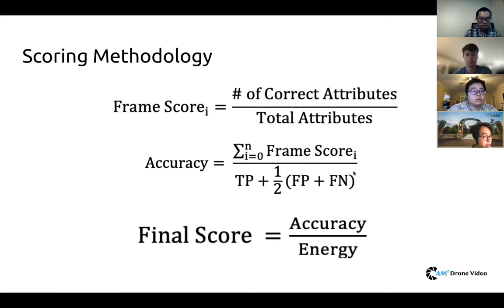We use this equation to calculate the accuracy, and the final score is just this accuracy over energy used.